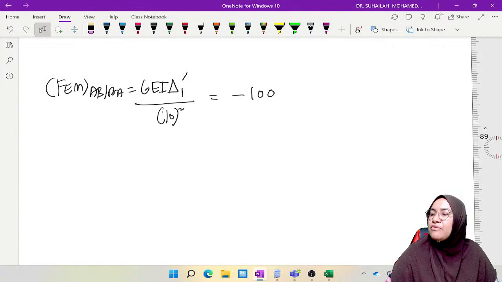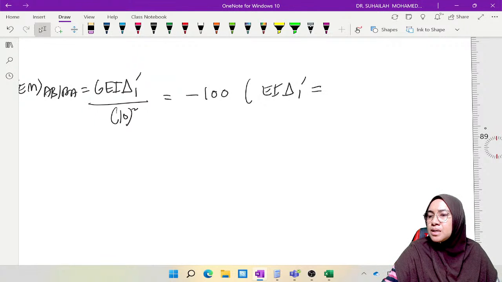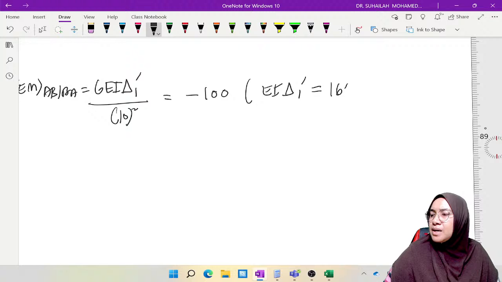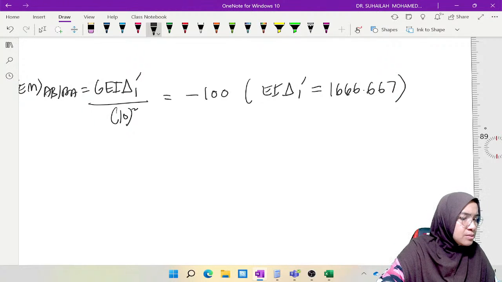We simplify this, we get EI delta 1 prime equal to 100 times 100 divided by 6, which gives 1666.667.